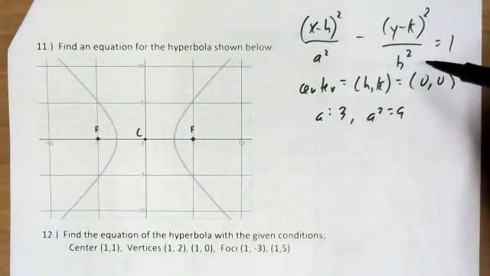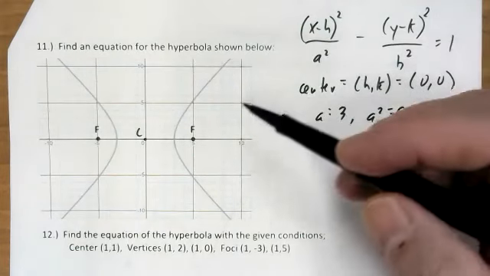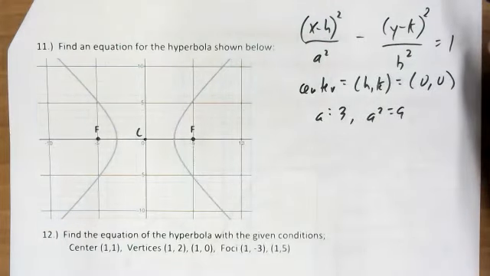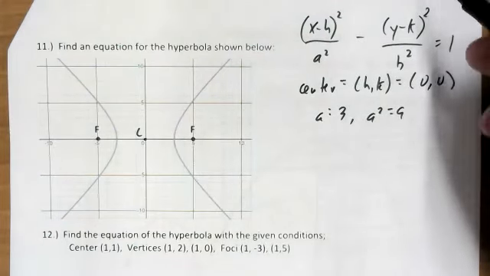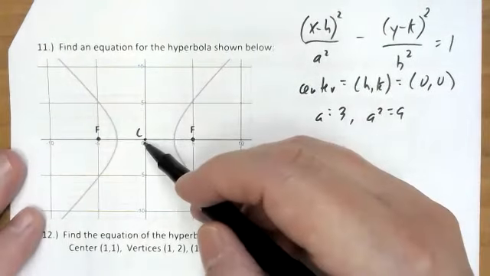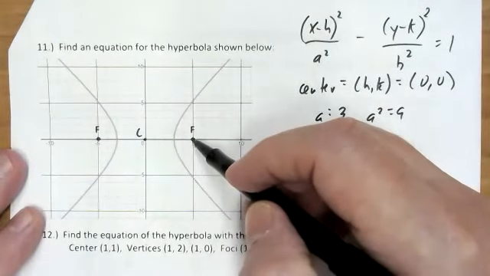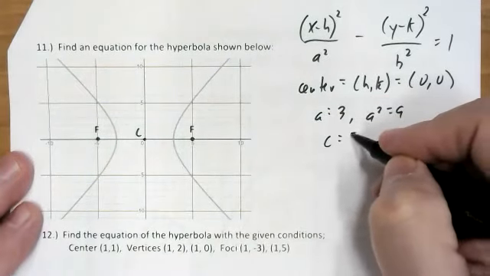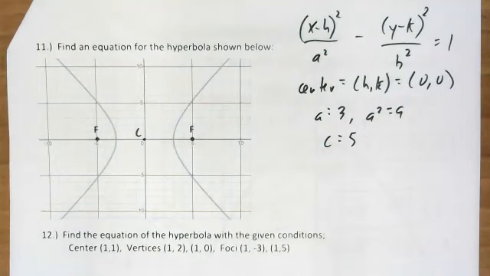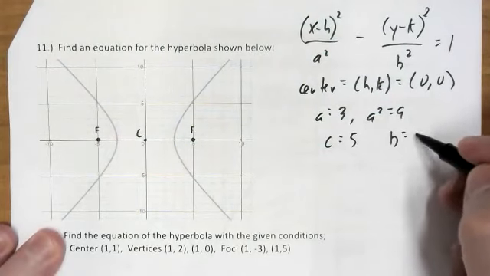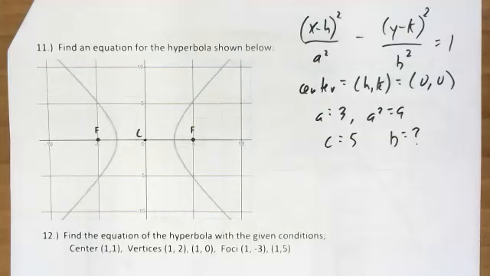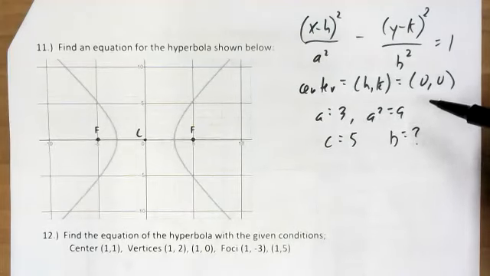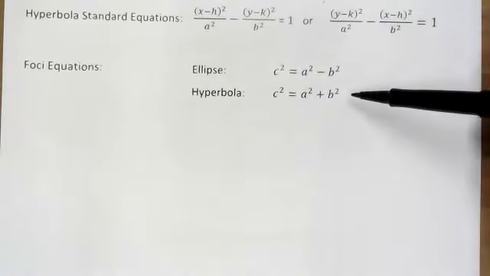So now if I figure out b, then I've got what I need. Well, b, of course, is the up and down, but I have no idea. However, I know the distance from the center to the foci is c. So c is actually going to be 5. I know a and c, I need to know b. Well, you can go to the little formula for hyperbolas.